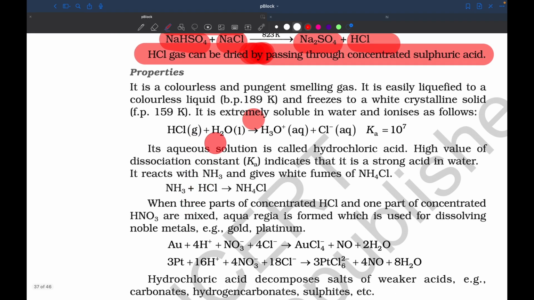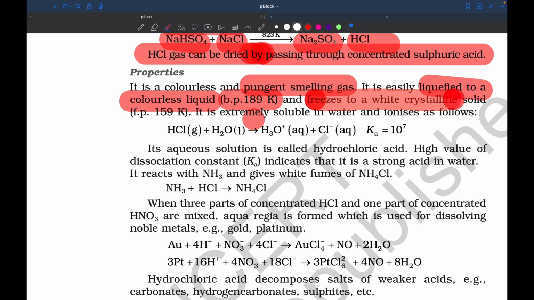Properties: it is a colorless and pungent smelling gas. It is easily liquefied to a colorless liquid, boiling point 189 Kelvin, and freezes to a white crystalline solid with a freezing point of 159 K. It is extremely soluble in water and ionizes.